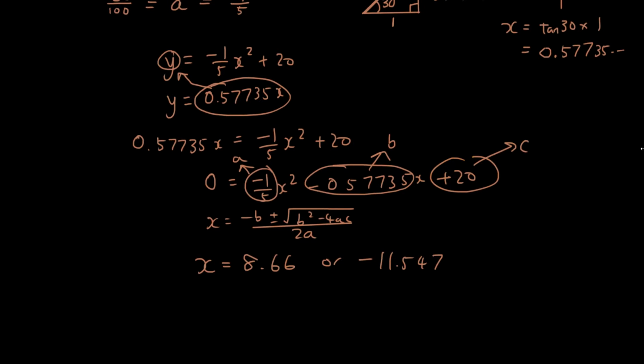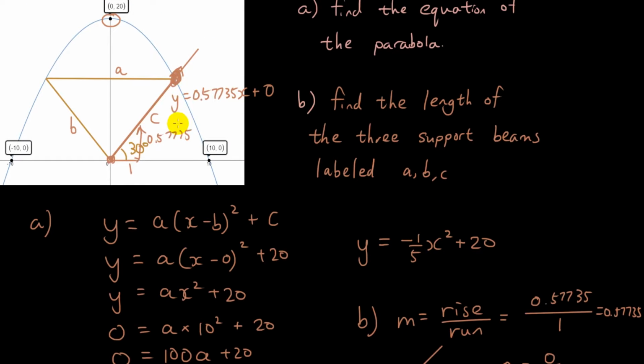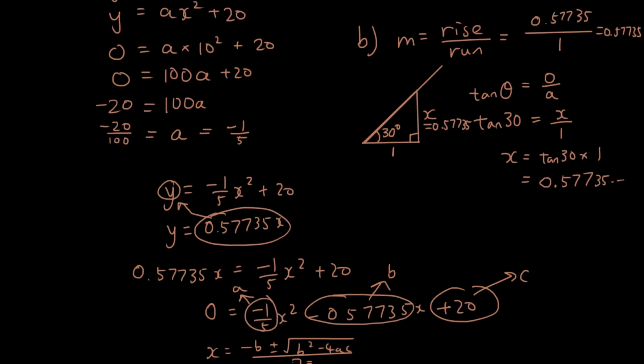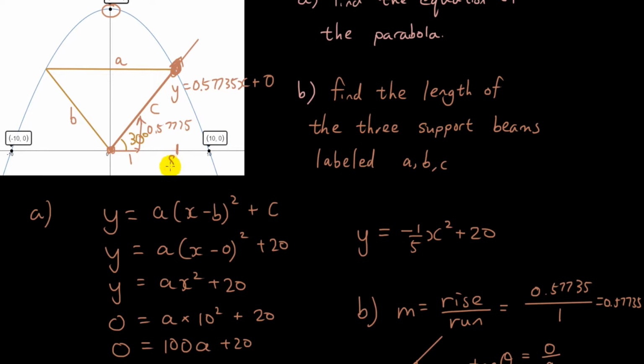Now, since we know that x is positive, we know that x is on the right hand side here, so it must be the positive answer, which is 8.66. So 8.66 is where the straight line intersects with the parabola.